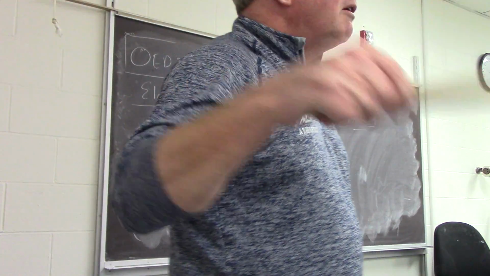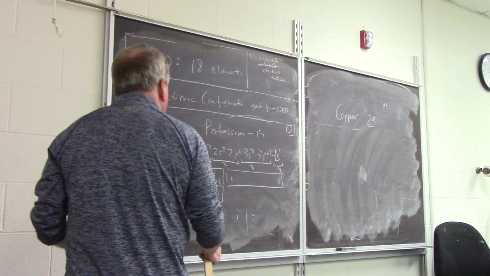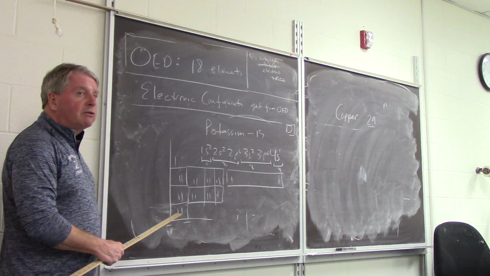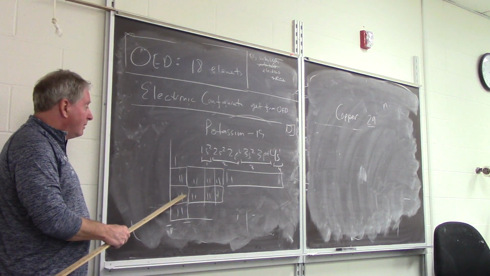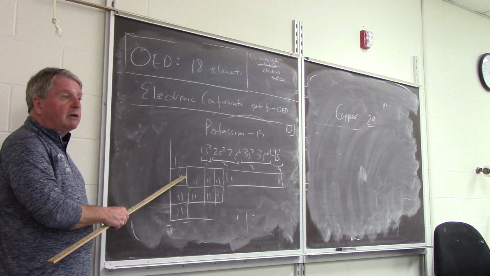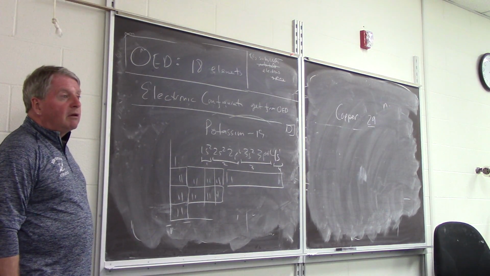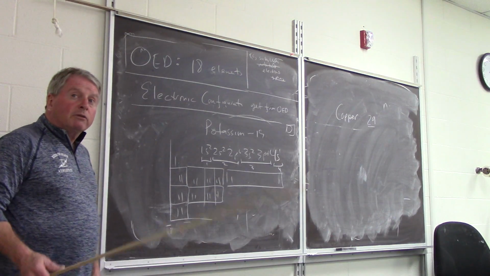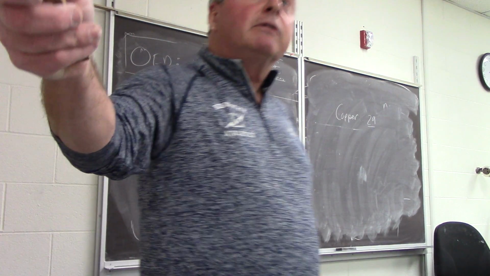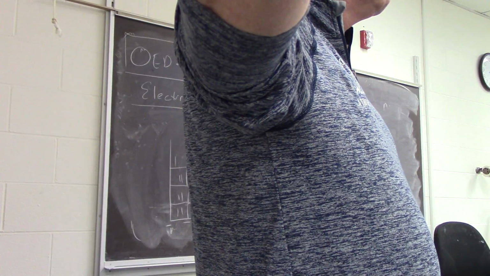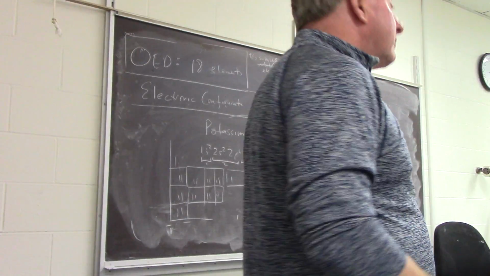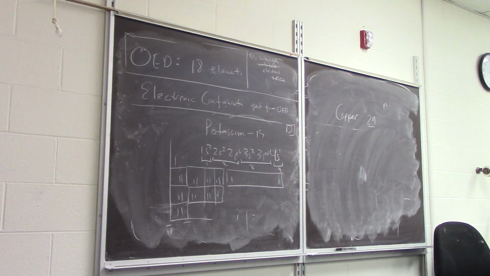When did the D's first show up? What energy level did they first show up? Energy level 3. Where are they found in the periodic table? What row? Row 4. So these guys here, are they 4s? No, they're 3s. Turns out the D's are one less than the row they're in. That's a little bit complicated, but this is that.